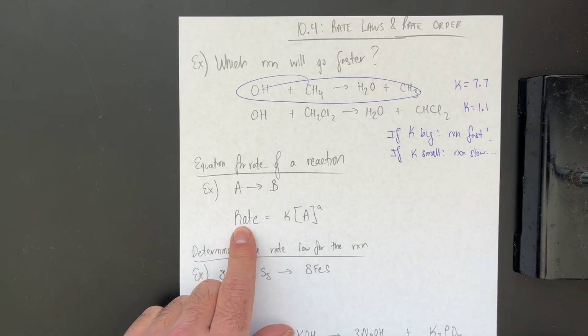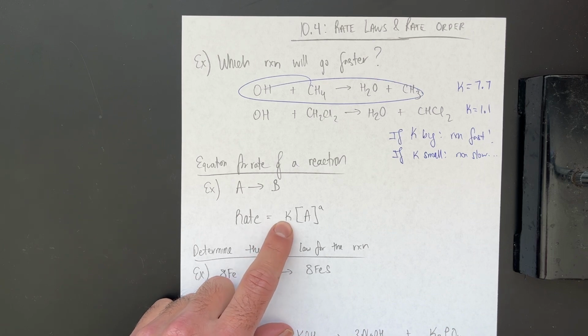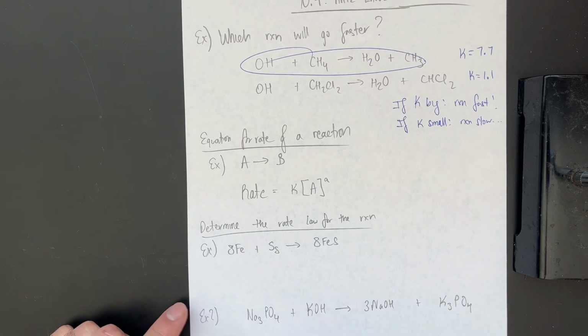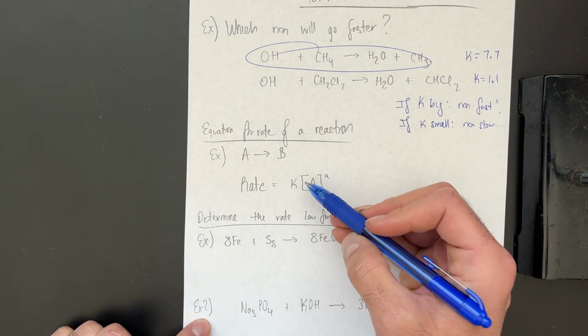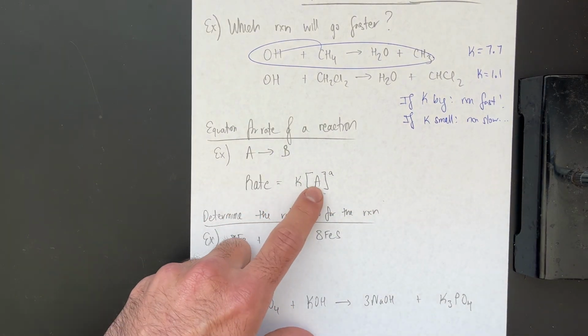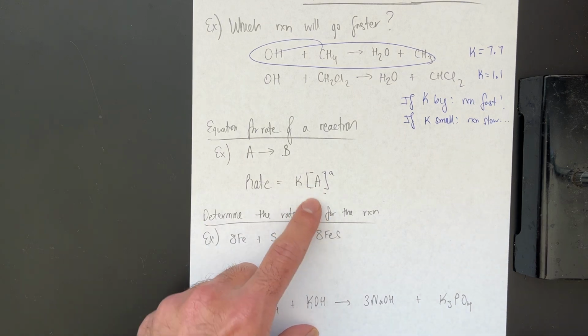The equation for the rate is going to be equal to K, the rate constant, multiplied by the concentration of A. You remember that we said concentration of our reactants is one of the things that determines speed in 10.1 when we were talking about collision theory. And so we see it here.